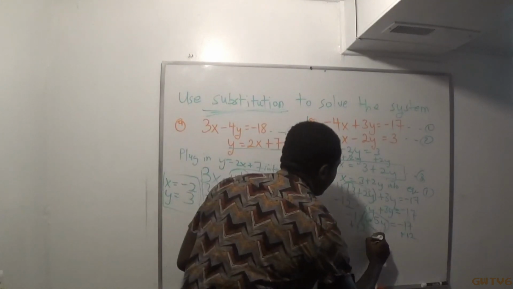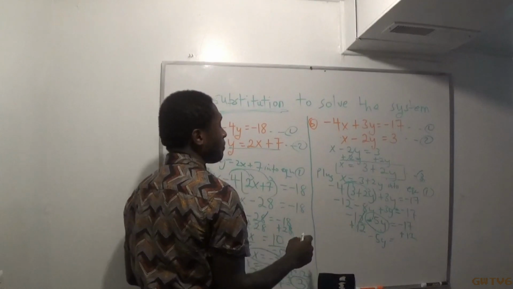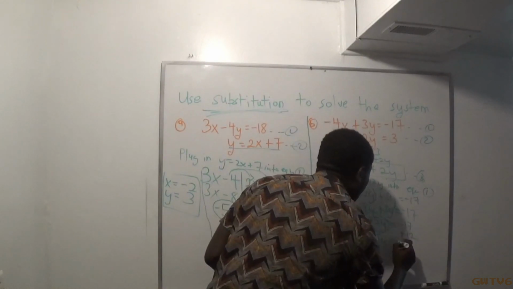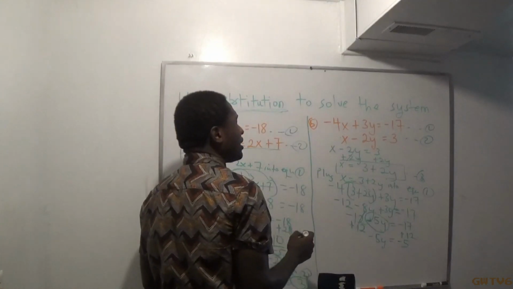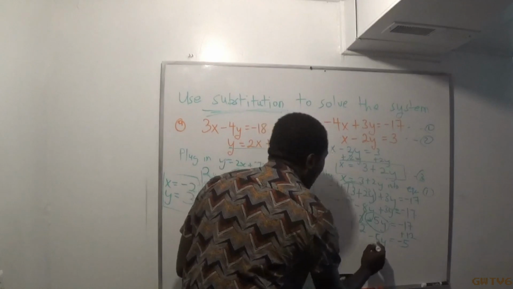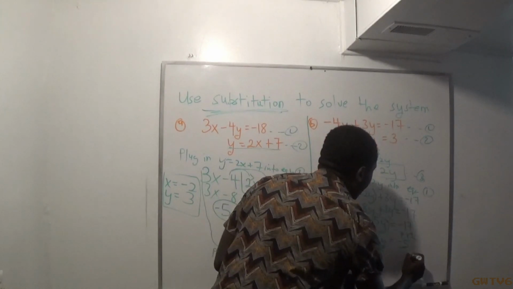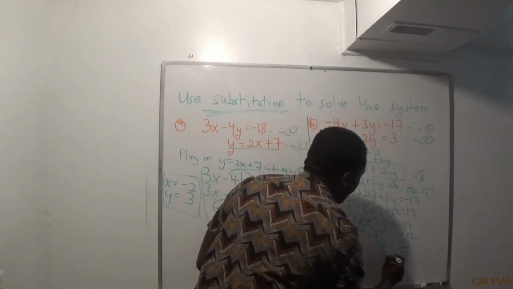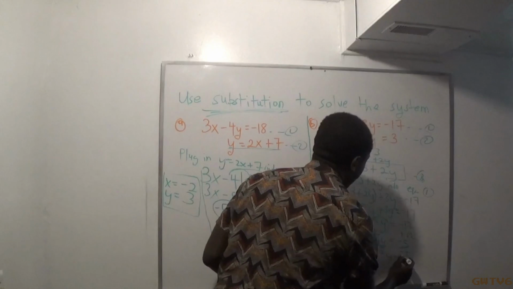So now I have -5y equals -17 plus 12, which is -5. And now I want to get just the y by itself. So whatever is in front of the y, I gotta divide by it. So I'm dividing by -5. I'll do the same thing right here. That cancels out. So now I have y equals 1.